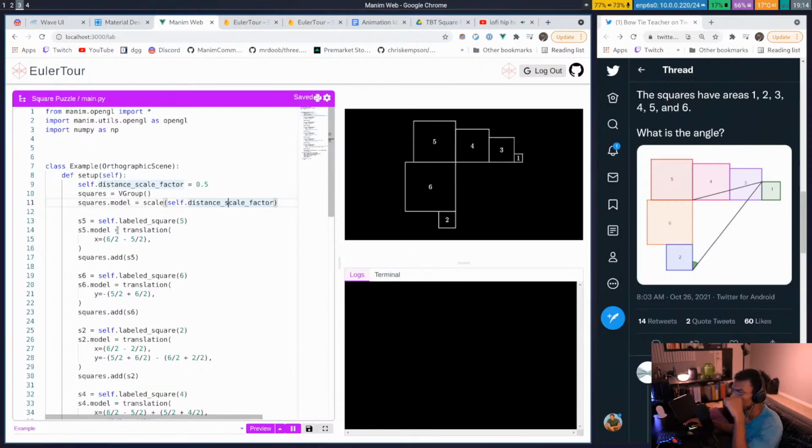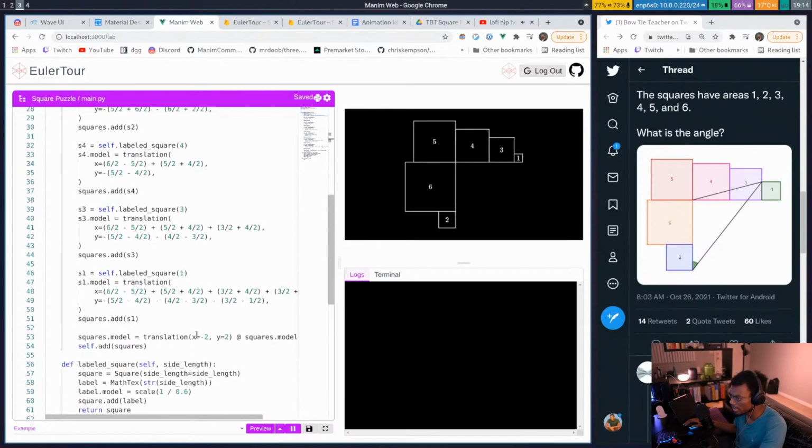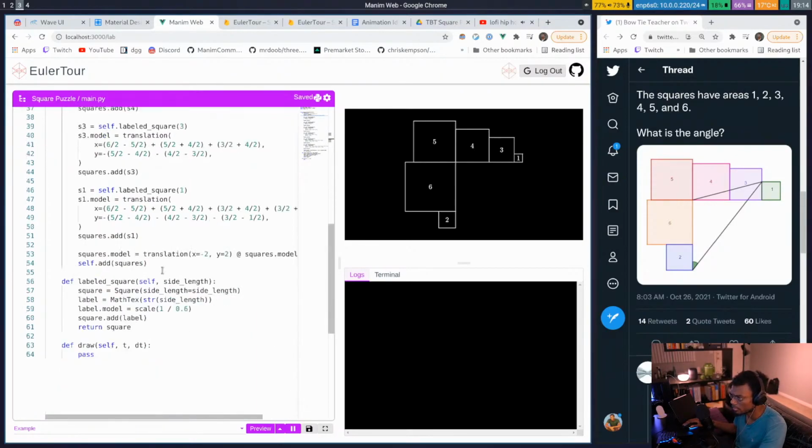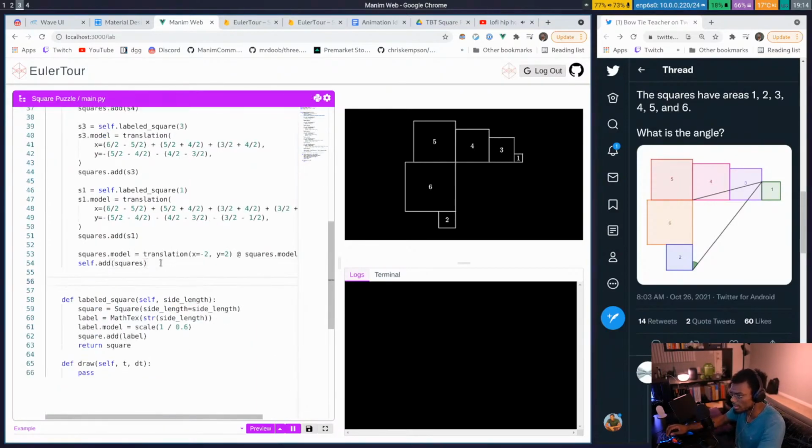So maybe I should have another V group. Really, I wish you could scale the scene itself by a scale factor. But I won't do that now. I'll just add in the triangle lines separately.